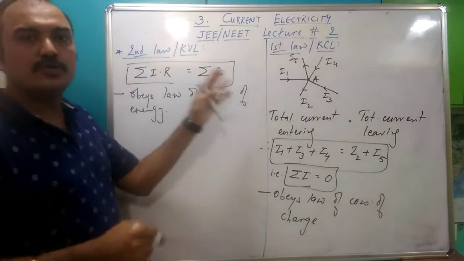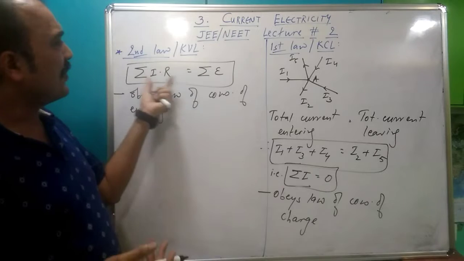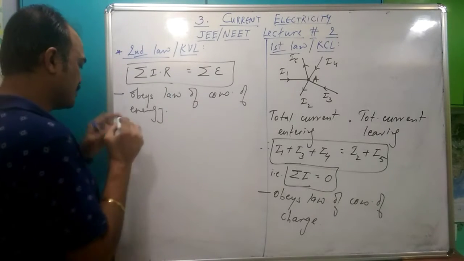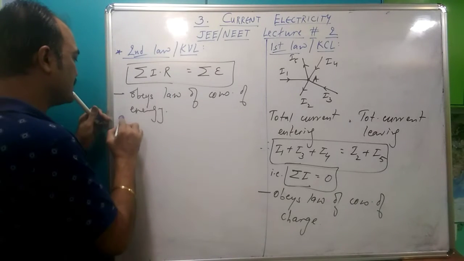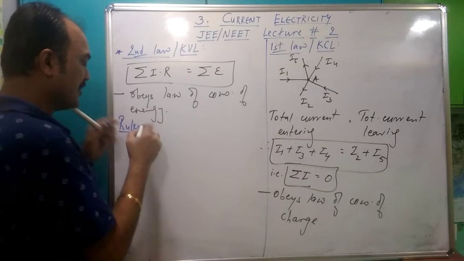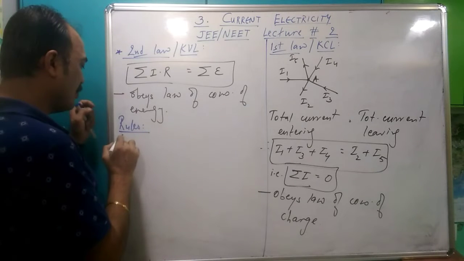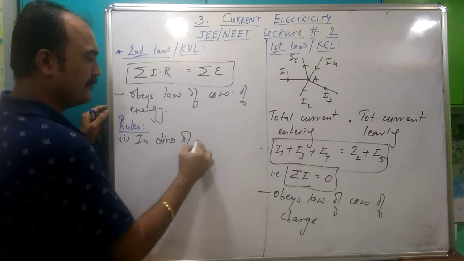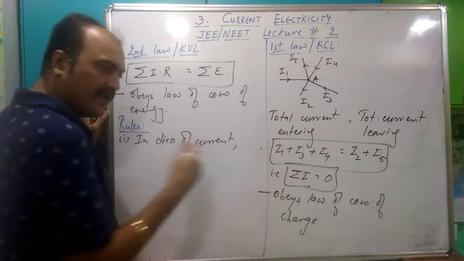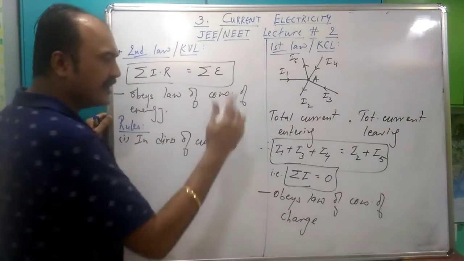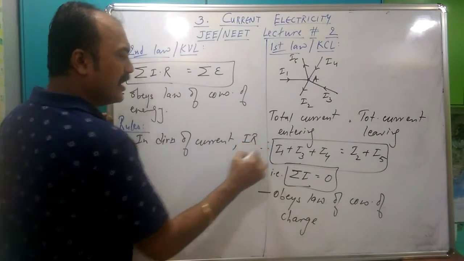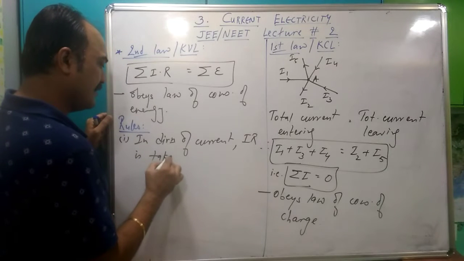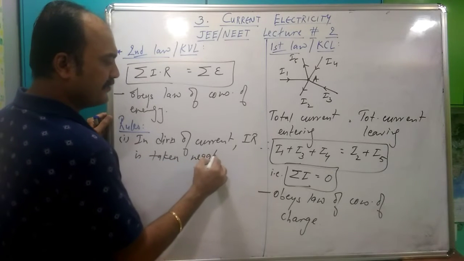And in order to take the polarities plus or minus of IR and epsilon, we have got a couple of rules. The first rule about resistance is that if we are going through a resistor in the direction of current, then IR is taken negative.